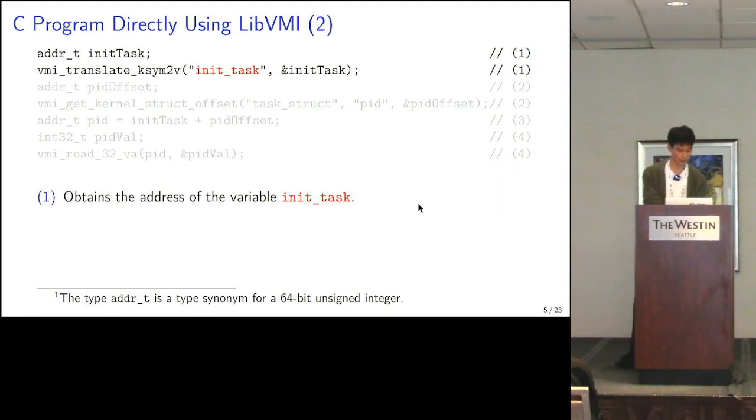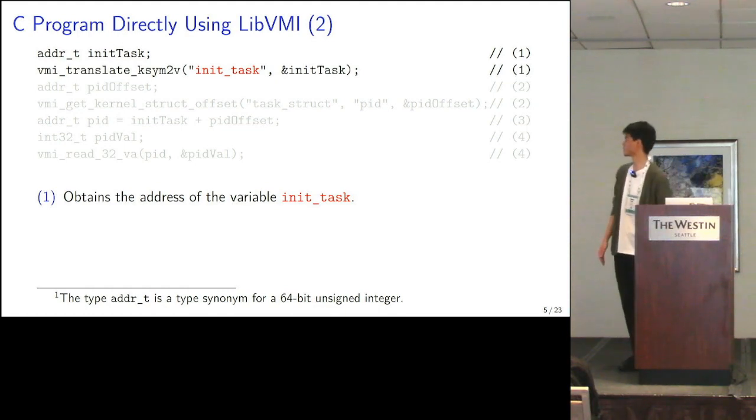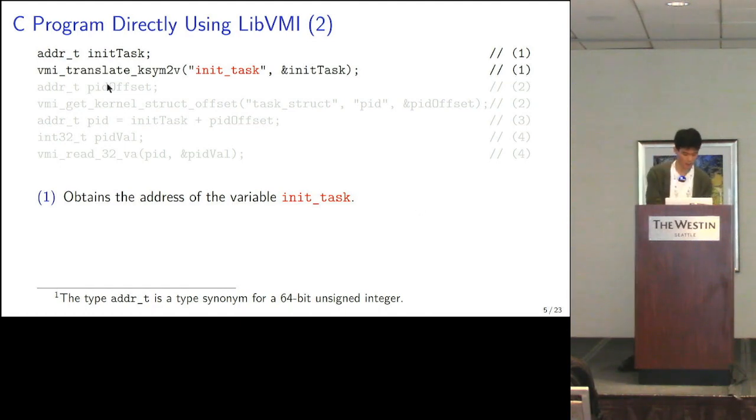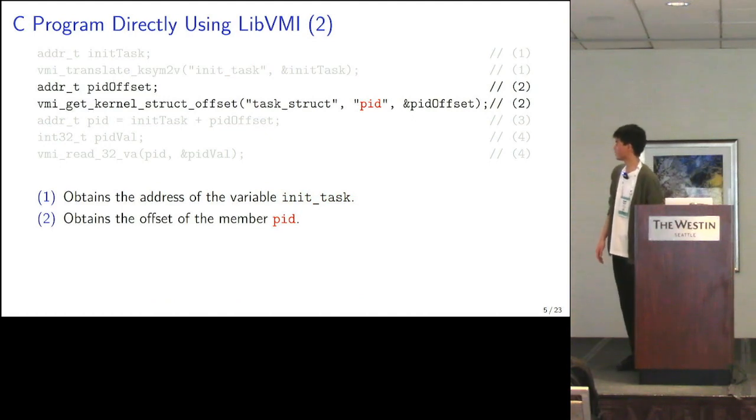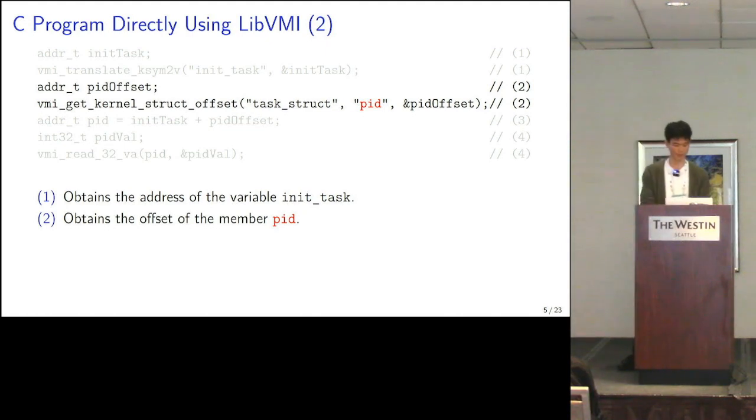In the first step, it obtains the address of the variable init_task by calling LibVMI's API. Similarly, the offset of the member pid can be obtained by another LibVMI API.